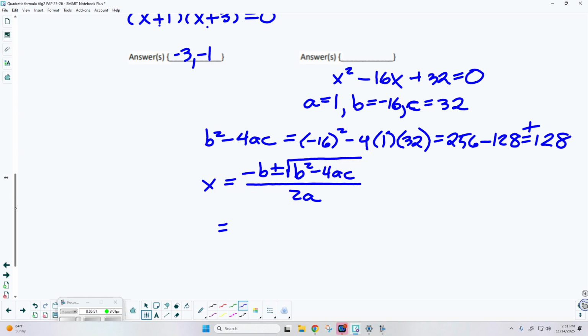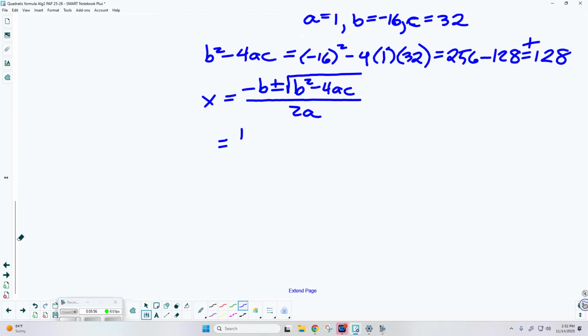Opposite of b, so that's a positive 16, plus or minus that discriminant we just found to be 128. That's a major portion of the quadratic formula already taken care of. And then we're going to divide it by 2 times a, so that would be 2. Now, the only thing left in our way is simplifying that square root right there.